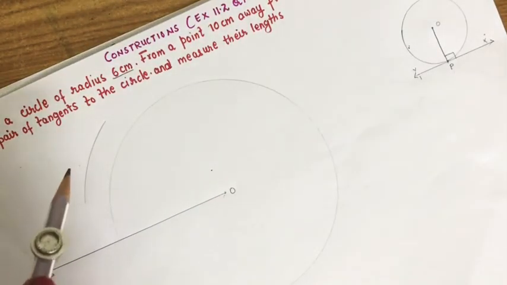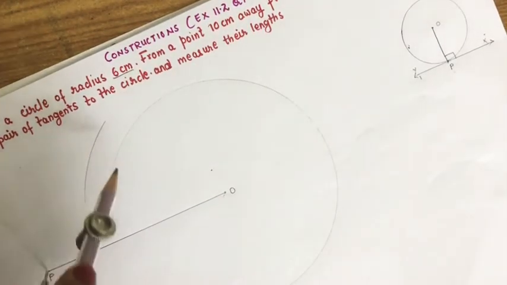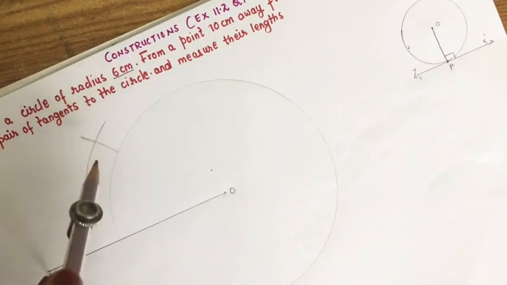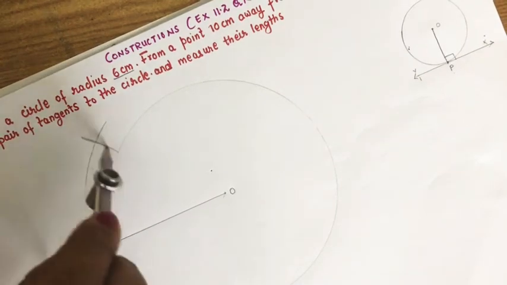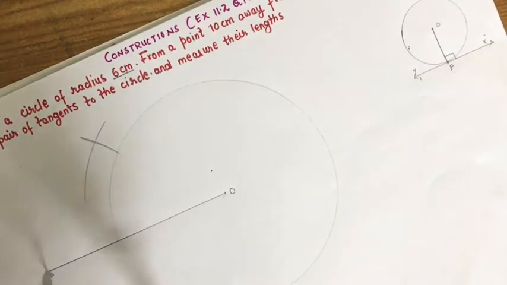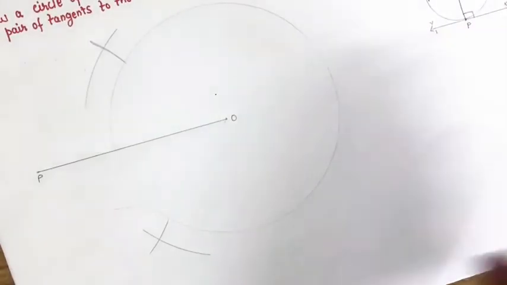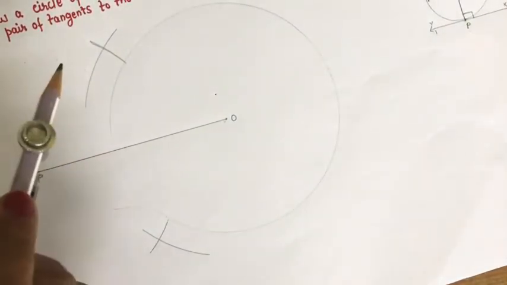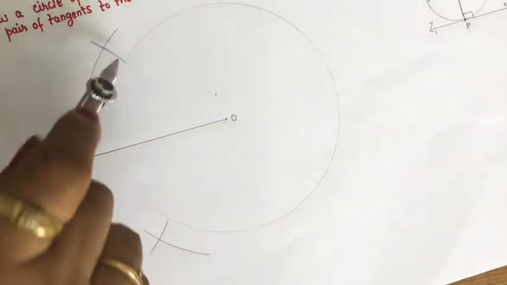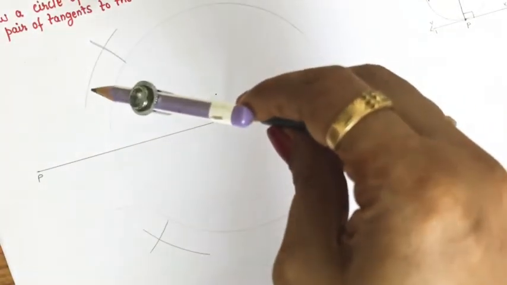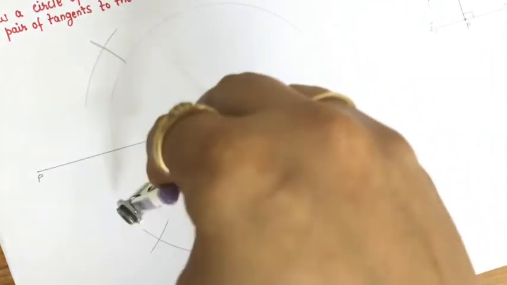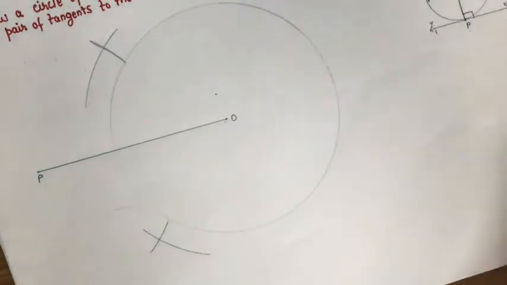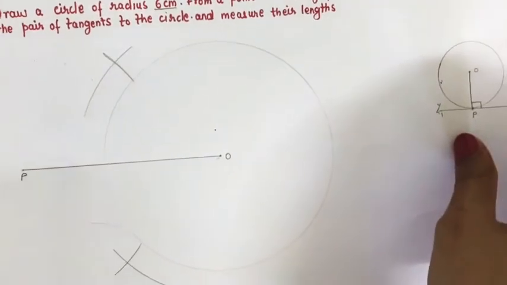Then at the same point P, you will take more than half and make an arc on both sides. Similarly, at point O, you will make an arc on both sides, right? So this is how you can draw the perpendicular bisector.